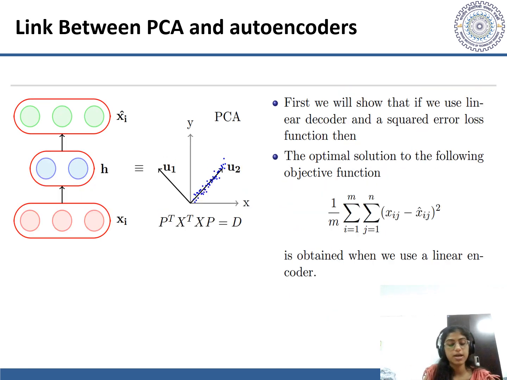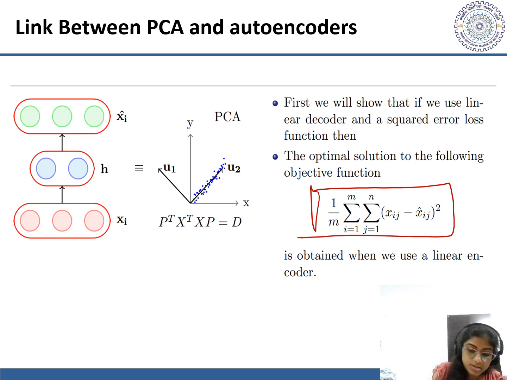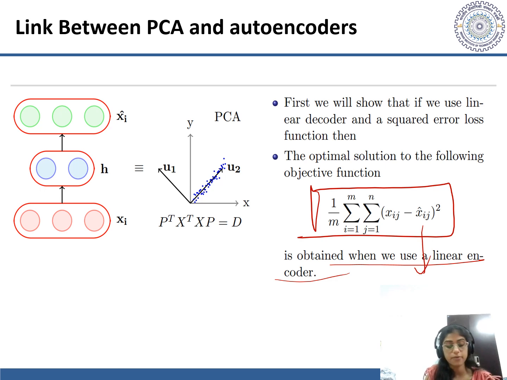Now here I have assumed that I already have a linear decoder and a square error loss function. So my square error loss function here is obtained when we use a linear encoder. I now have to reduce this, to make the square error loss function minimum for the procedure.